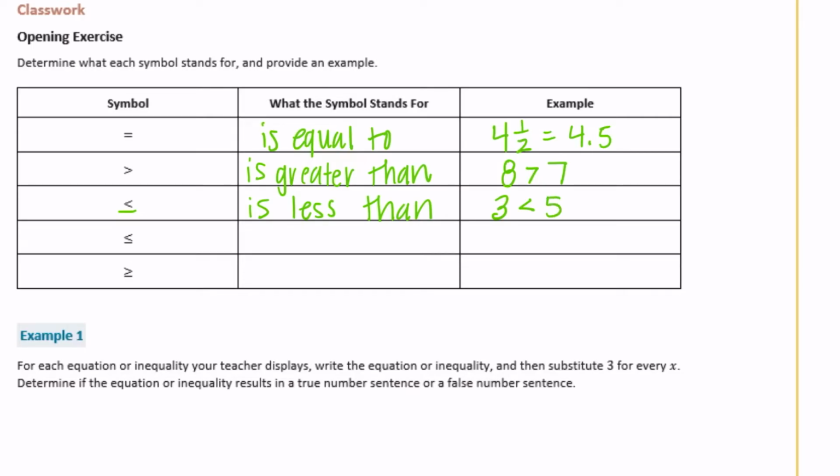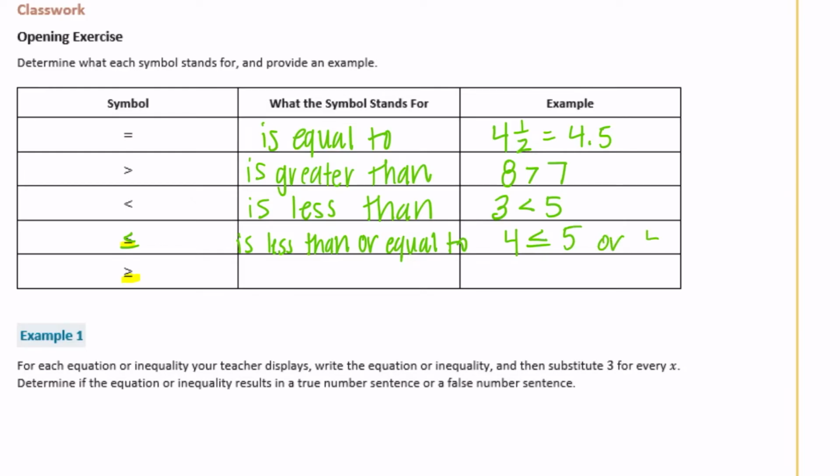And these, the next two, are where I think something new might come into play. So if there's this little line underneath of these two, that just means that it could be less than, so this is a less than or equal to. So for example, we could say 4 is less than or equal to 5.